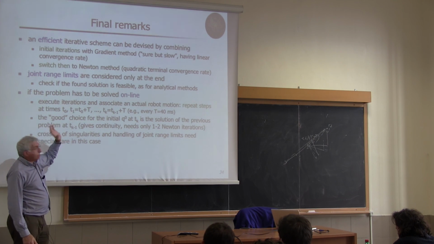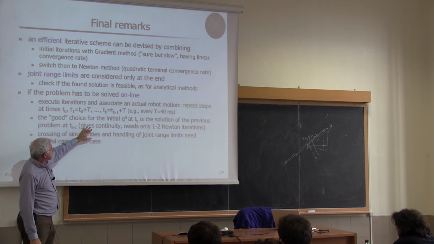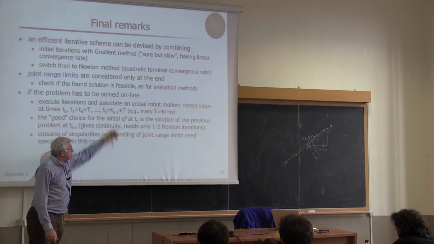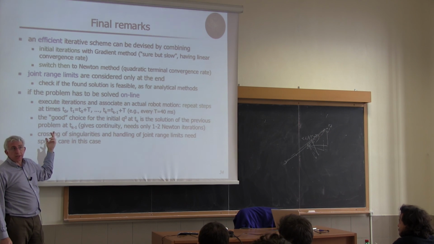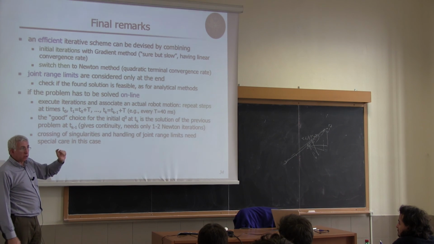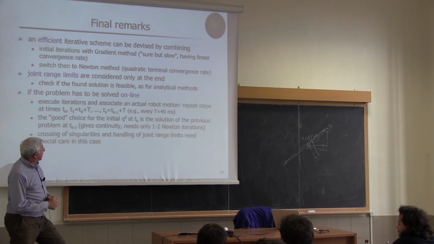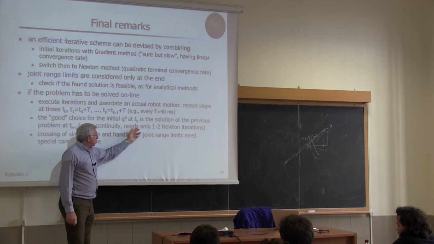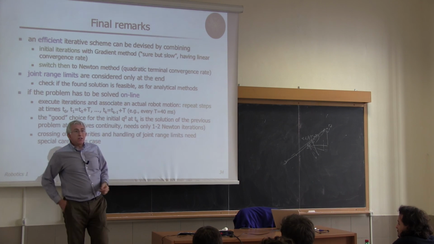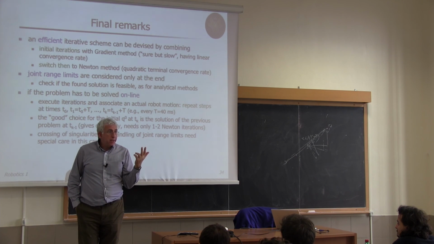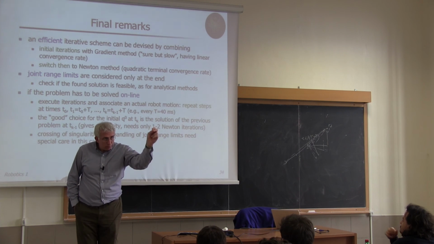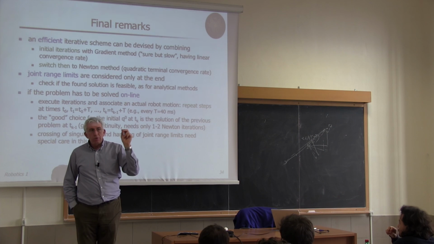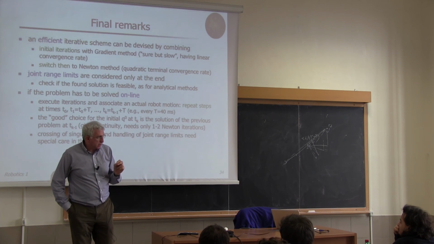So if you're out of singularities, the good guess for each of these new problems is to take the previous configuration as the guess for the next solution, especially if these new poses are close together. So in fact, you may need only 1 or 2 iterations of the Newton method in that case, because you're very close, just moving, moving, moving. But you should include the check of singularities, okay?